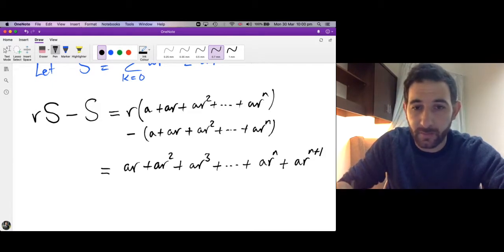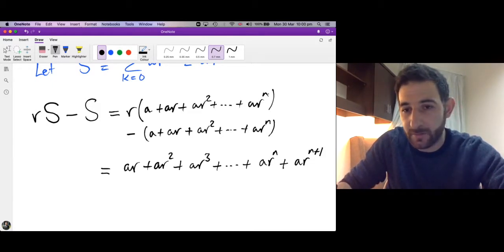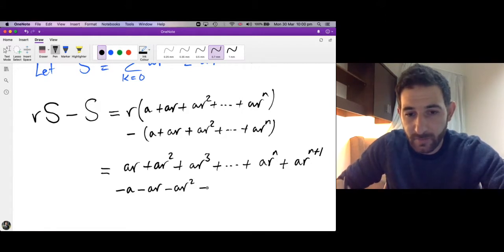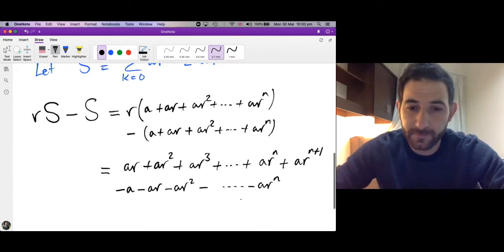If you multiply R by the last term here, you get AR to the power n plus 1. Now minus A, so minus A minus AR minus AR squared minus up to minus AR to the n, right?